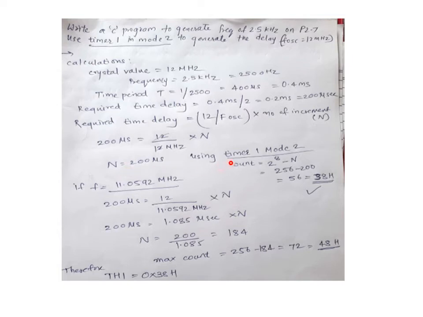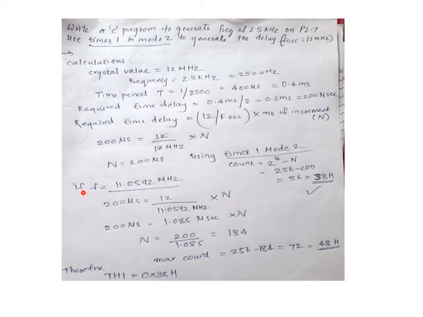So using timer 1 mode 2, as you know, mode 2 is 8 bit. So count is equal to 2 raised to 8 minus capital N. N we get 200 microseconds. So 256 minus 200 we will get 56, that is 38H in hex.